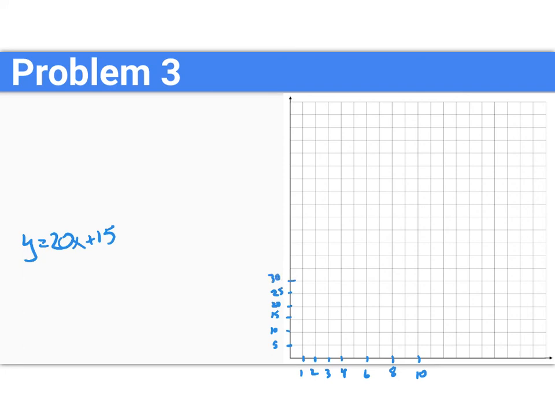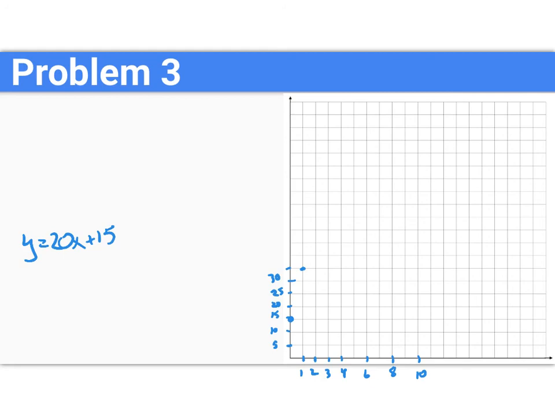So, when I stick a 0 in, I'm at 15. When I stick 1 in, I'm at 35. When I stick 2 in, 2 times 20 is 40, 55.